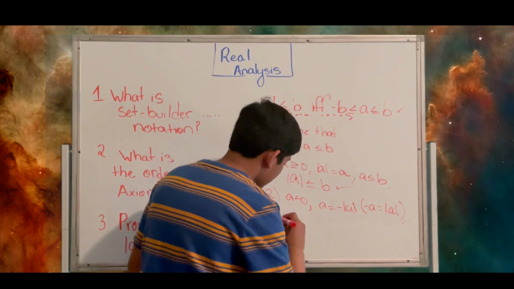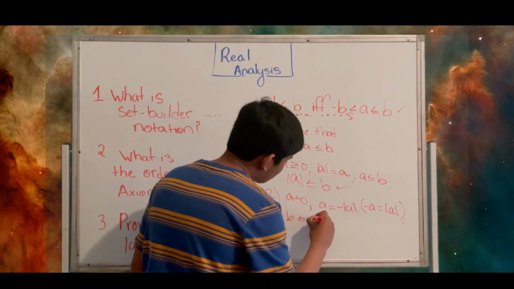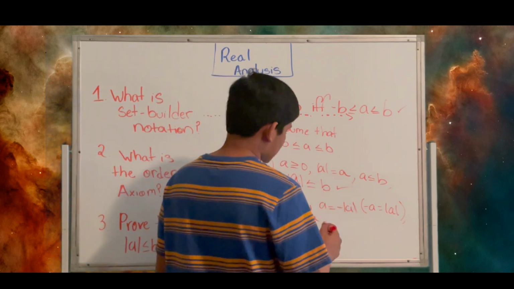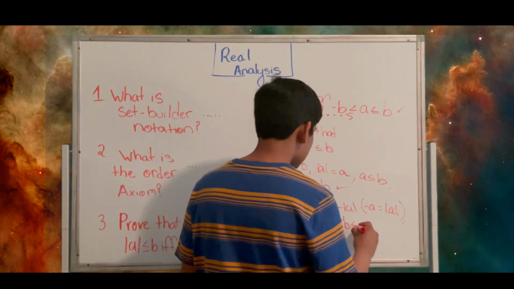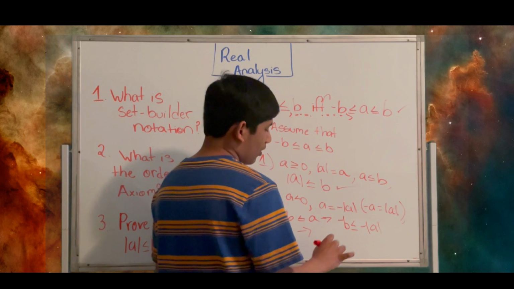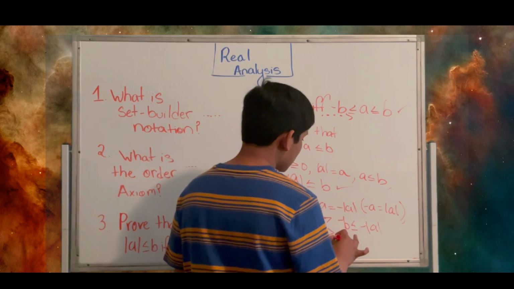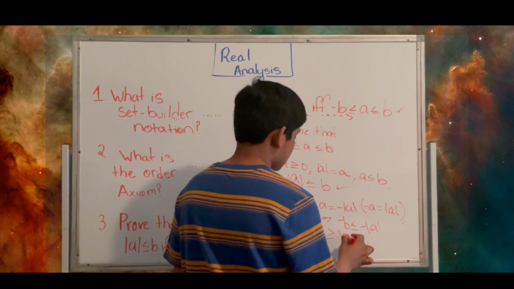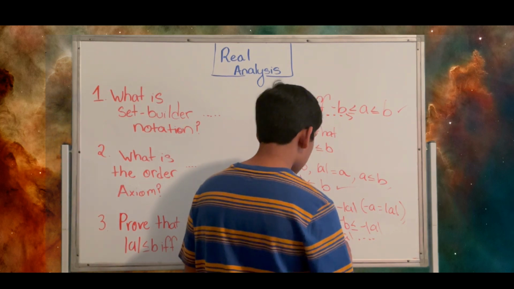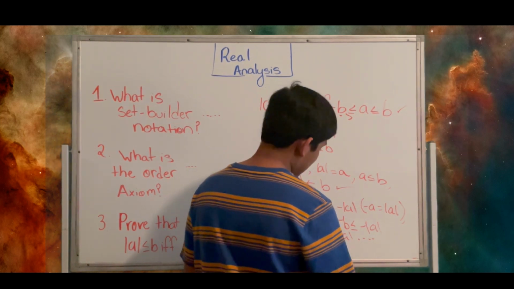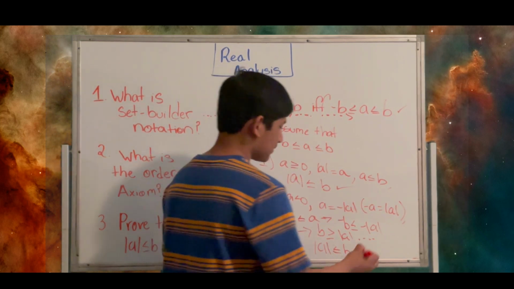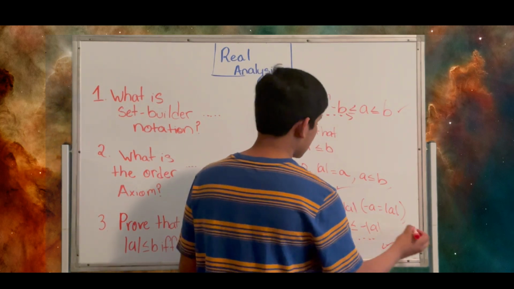We consider negative B is less than or equal to A. Now plugging in that A is equal to negative absolute value of A, we get that negative B is less than or equal to negative absolute value of A. Multiplying by negative 1, we see that B is greater than or equal to, because we have to switch the sign, absolute value of A, which proves that absolute value of A is less than or equal to B in the negative sense.